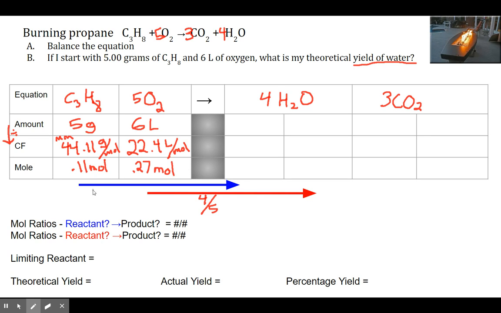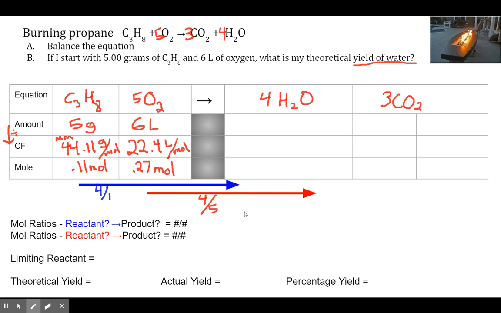So this one is a little bit different ratio. This is 4 over 1. So those are the ratios there. And that goes into these two parts here. We could write that. But that's kind of what we have in terms of our mole ratios for this particular thing. Now, if we do these calculations, we'll get our product.